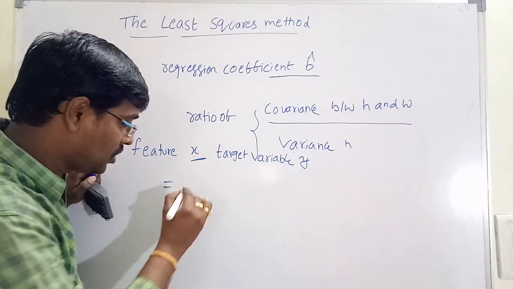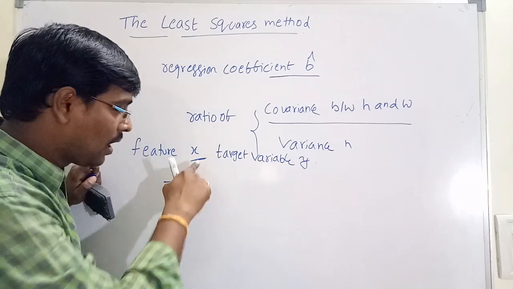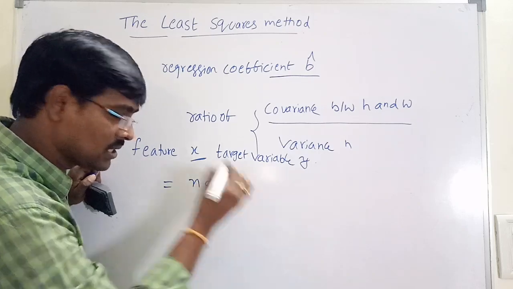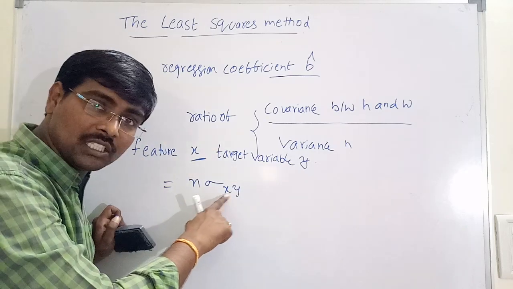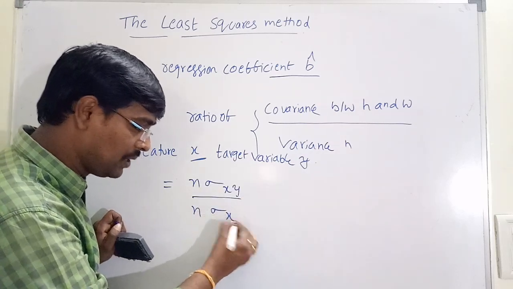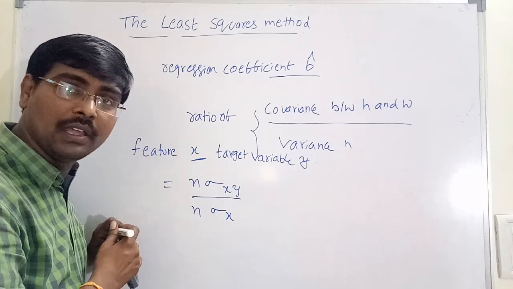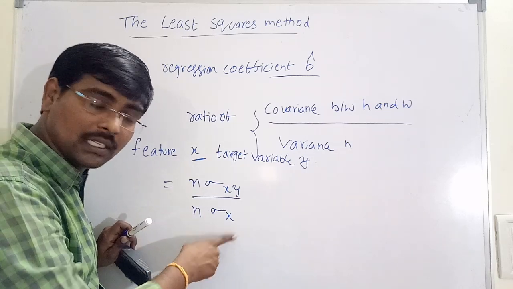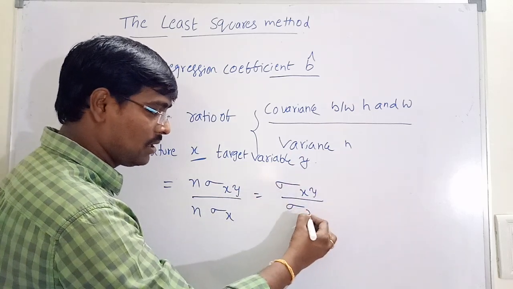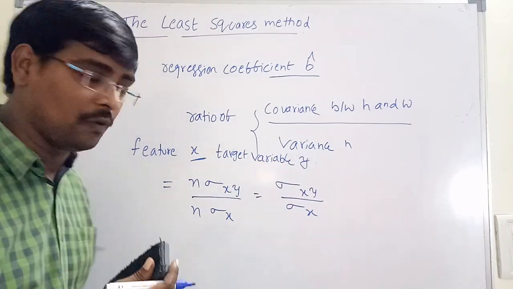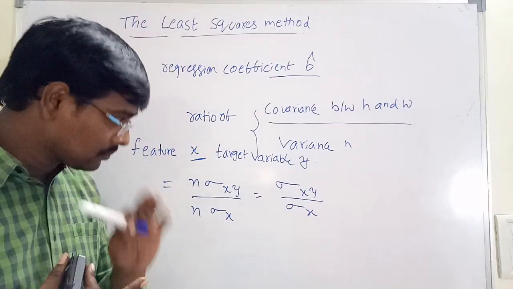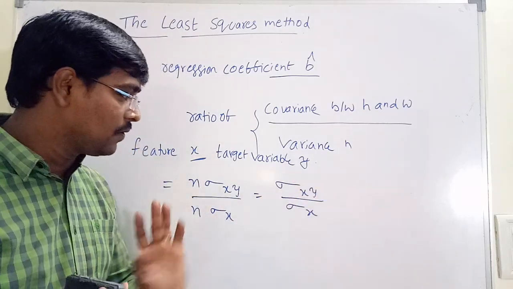The regression coefficient is n times the covariance between x and y, so sigma xy, divided by n times the variance of x. If the n cancels, what is the answer? Sigma xy by sigma xx. This is the regression coefficient for a feature x and the target variable y.